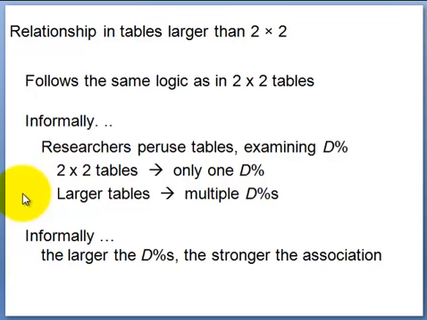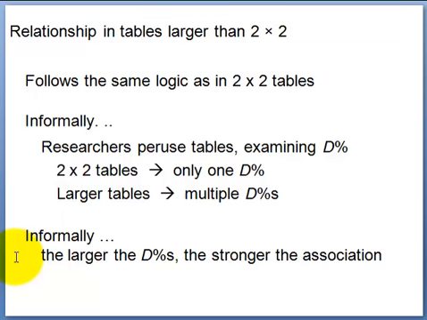Whereas on the other hand, when we have a larger table, each variable has more categories, and so there are more comparisons that we can make. So in essence, the larger tables are going to generate multiple differences in percentages, multiple comparisons of percentages.